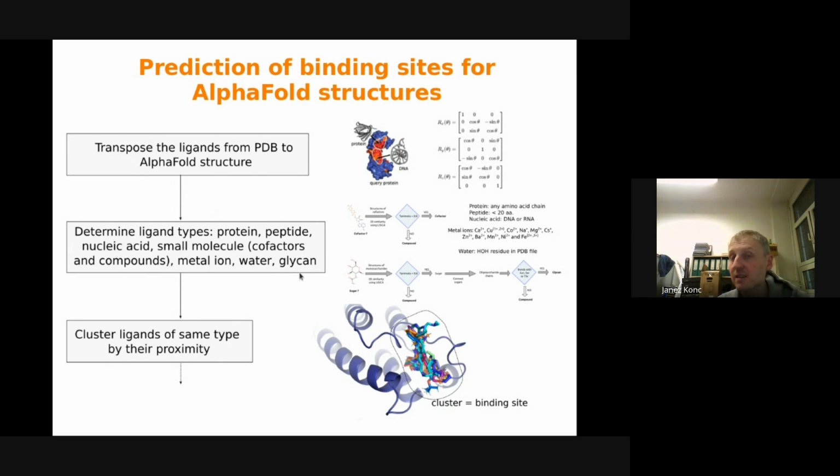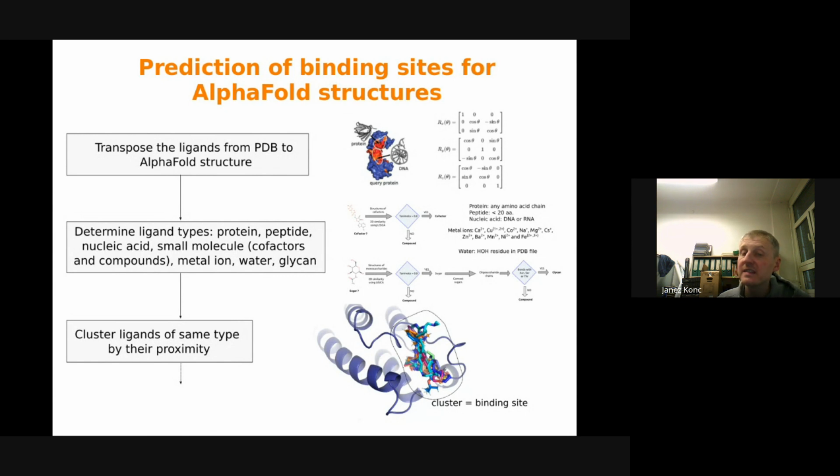Of course, glycans are covalently attached to a protein, but we can still predict their locations using our similarity-based approach. So we can basically get all these different ligand types onto the surface of a protein.